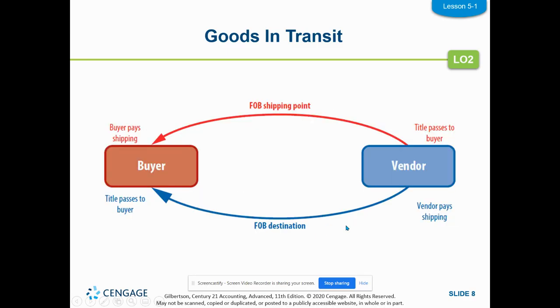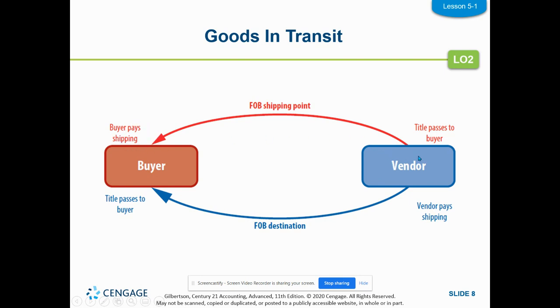Here's a great model of that. Here is the vendor we're buying from. Think of this as Amazon. If I just have regular Amazon, I am FOB shipping point. The buyer pays for shipping.